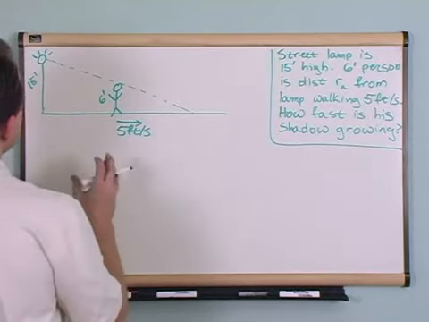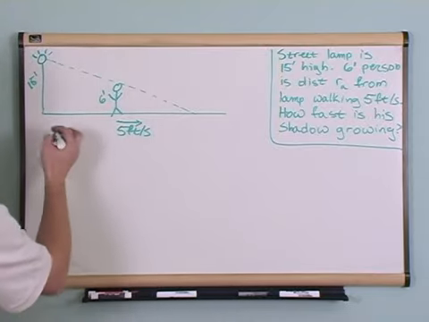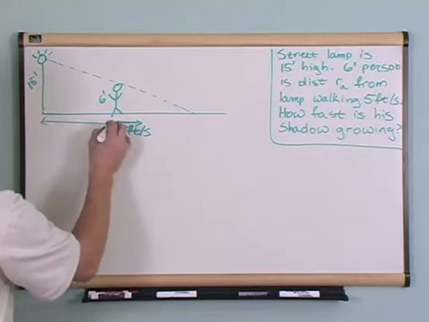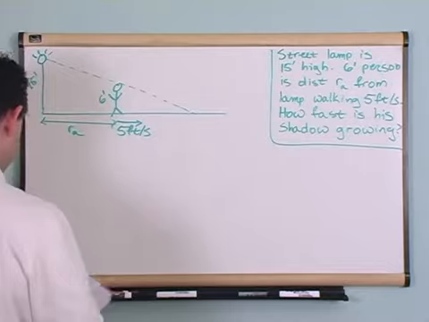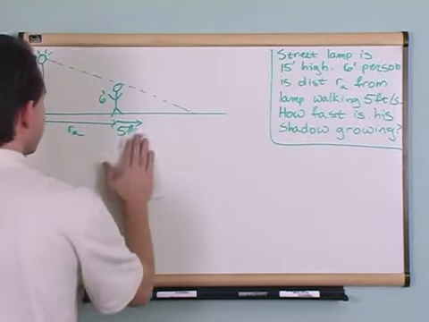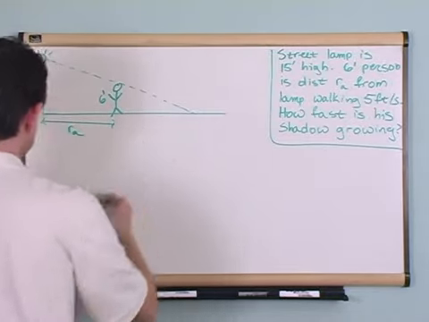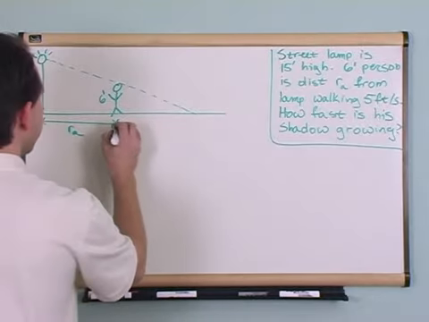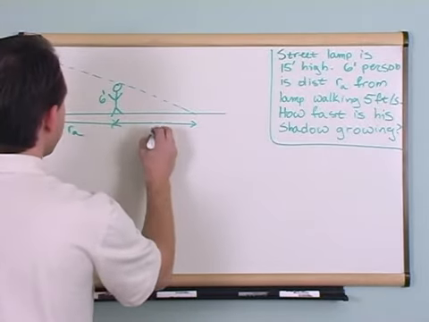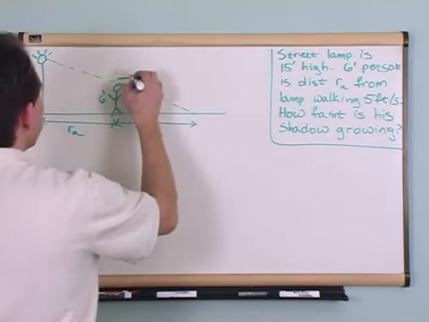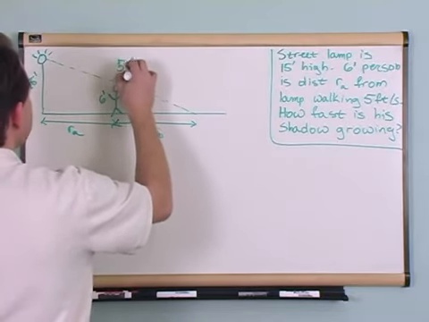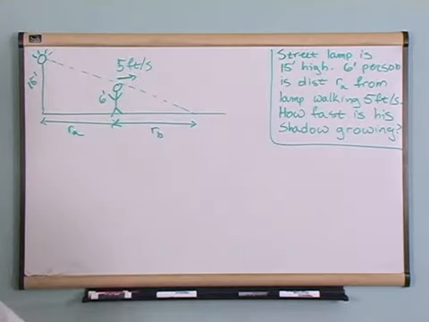My advice to you here is set up the problem like this. This distance, I'm going to call it RA. And to make this a little bit clearer, I'm going to take this right off of here, and I'm going to say this distance to the end of the shadow is RB. Okay? And I'm going to put a little arrow here and say he's moving at 5 feet per second, like this.